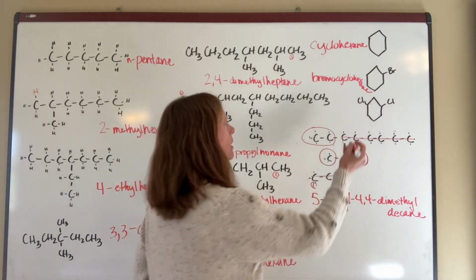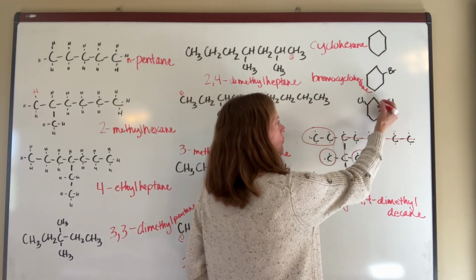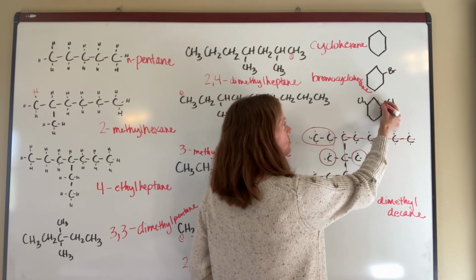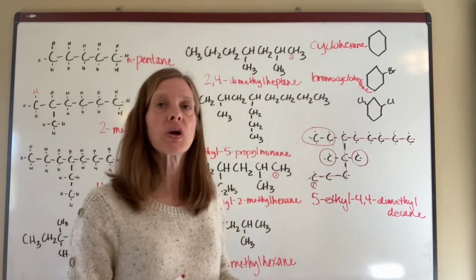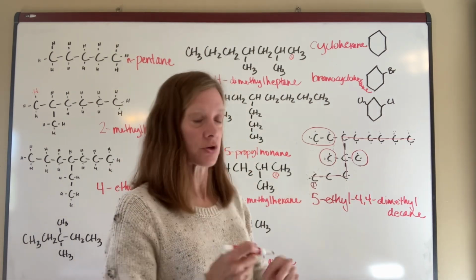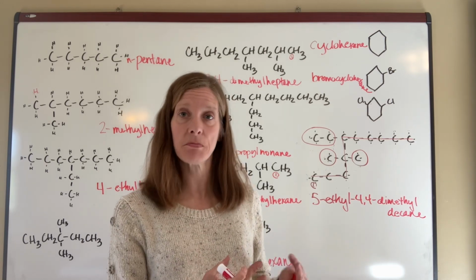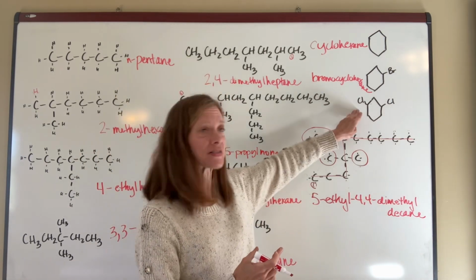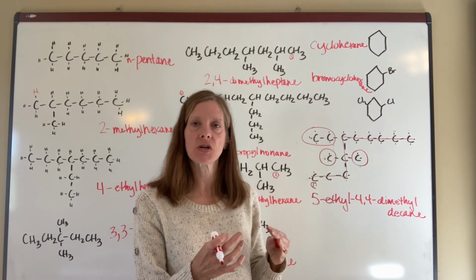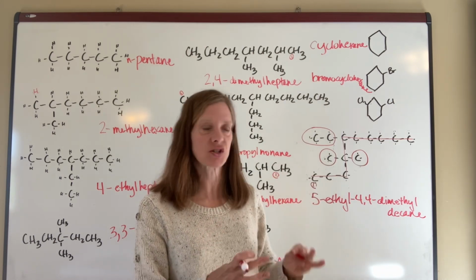And so here, it doesn't really even matter which one I put as 1, because if this is 1, then this is 3. If this is 1, then this is 3. You can number clockwise. You can number counterclockwise. You can start on any one of them you want. It doesn't matter. One of them has to be number 1, and then you need to number a cyclo compound in such a way so that you have the lowest possible numbers.